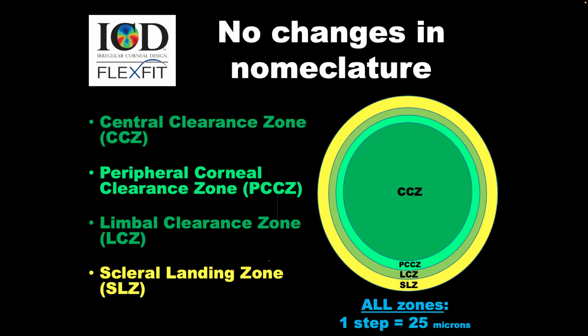And each step that you take is going to be 25 microns. So as far as you can go is plus 15 and minus 15. Again, the suggestion by Randy is go not above plus 8. If you go above plus 8, then change the lens.